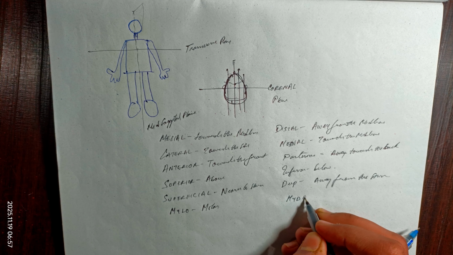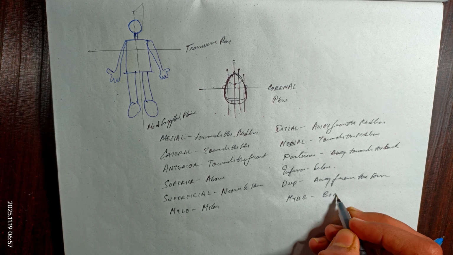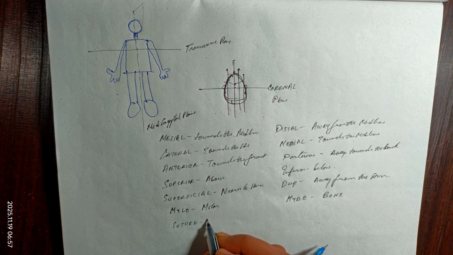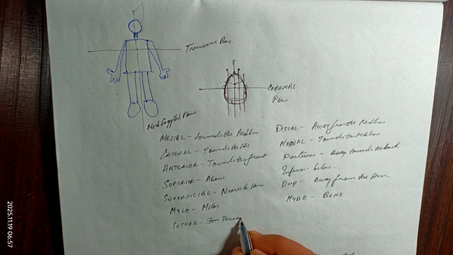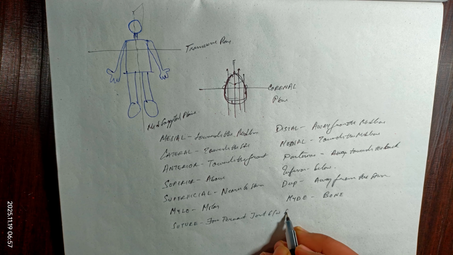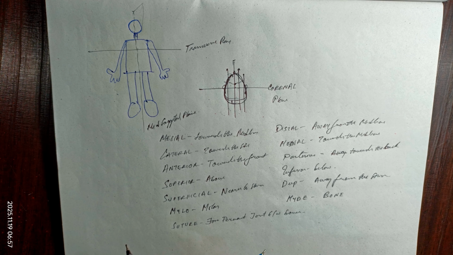Hide means bone. And suture is a permanent joint between bones. It may be one bone, it might be two bones, maybe three bones.